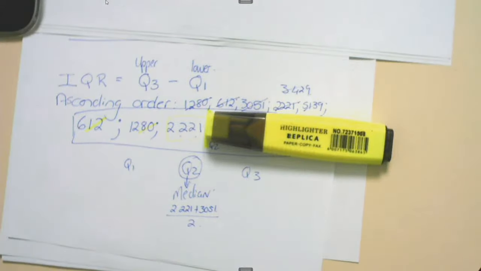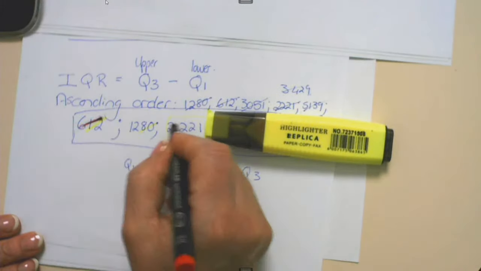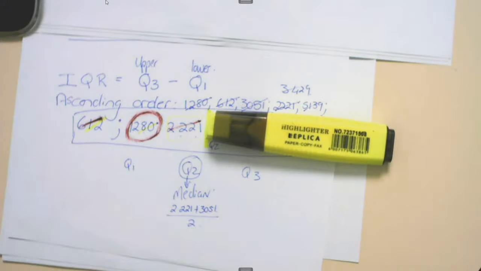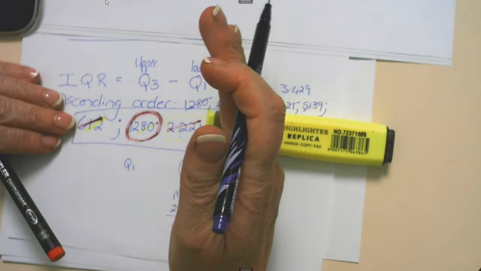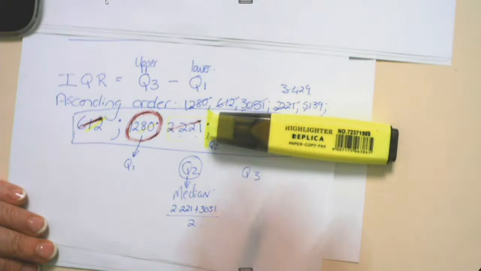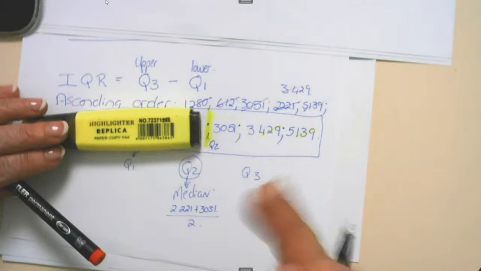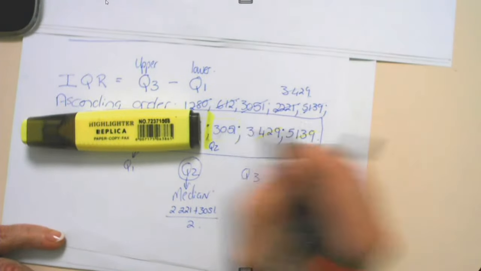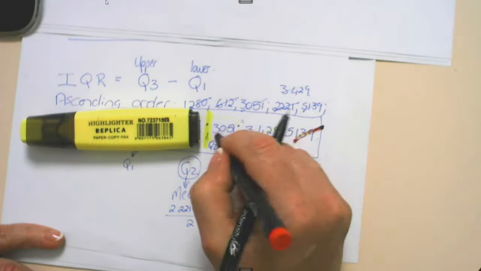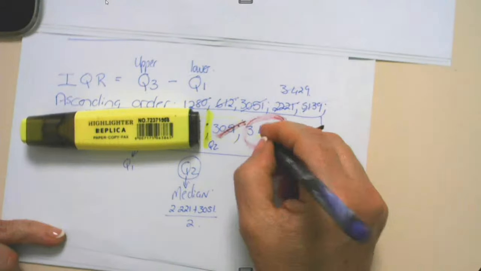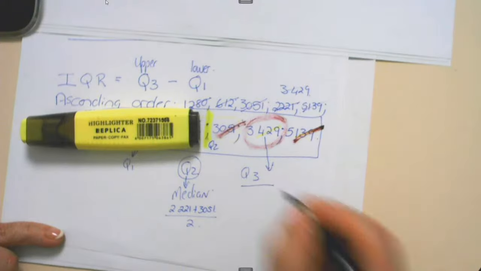Now I get the median again. I can clearly see that the median is this one, the median of this first part, and I call this Q1. On that side I have three values. What is in the middle? That one, I call it Q3.